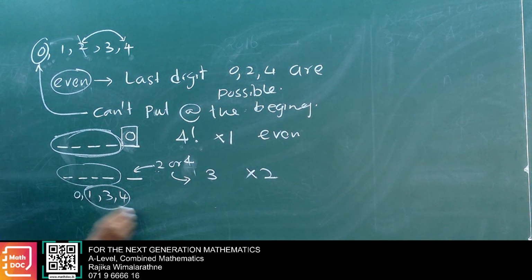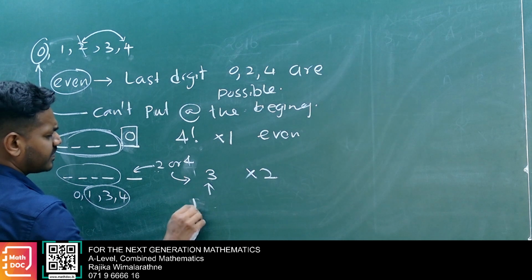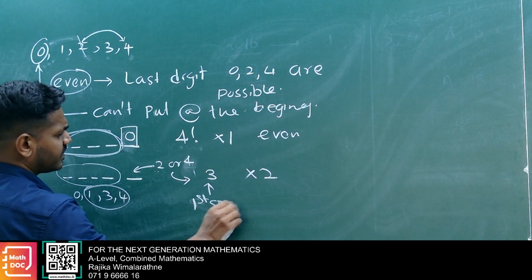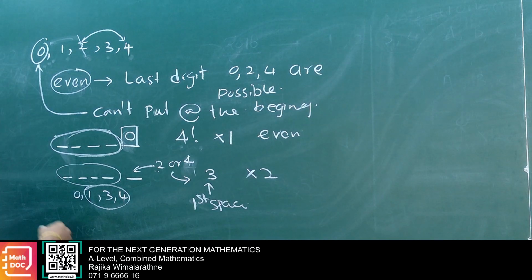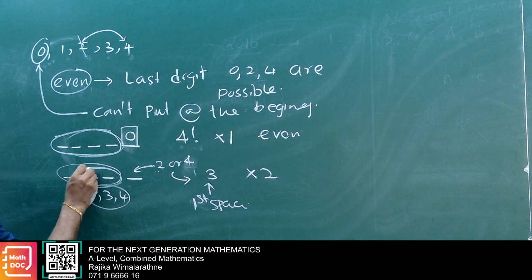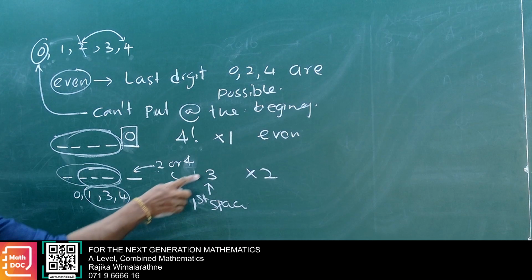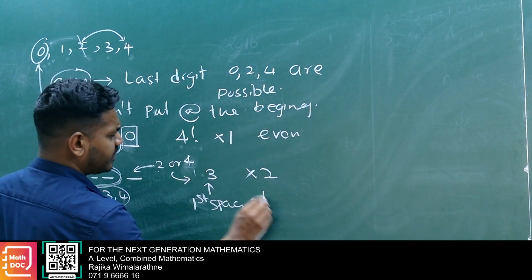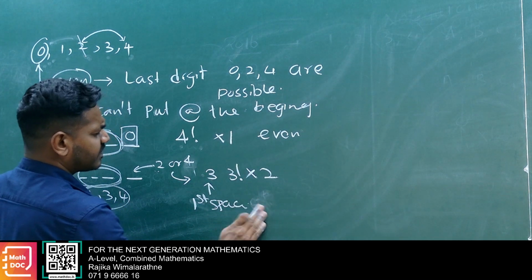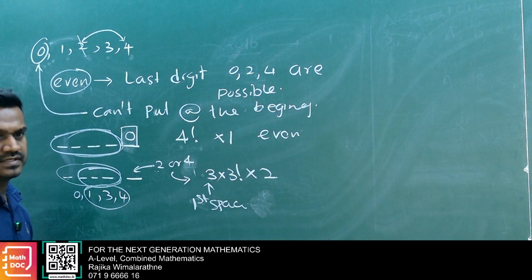Here the first space. Okay. Then for the next 3 spaces, we have to arrange the other 3. We can't put 0 here, no? Then 3 factorial ways.